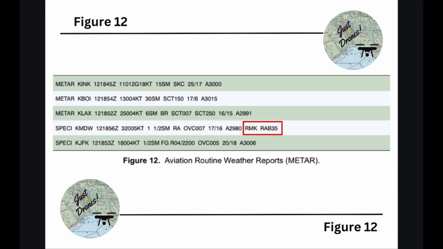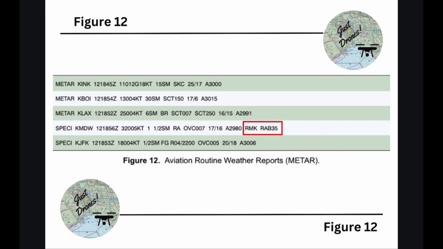So RMK, what does that stand for? That is just the remarks section of the METAR. It's basically the section where they give you some extra information like, hey, this might be something that the pilot would like to know about this specific METAR. So the remarks section is simply just that.